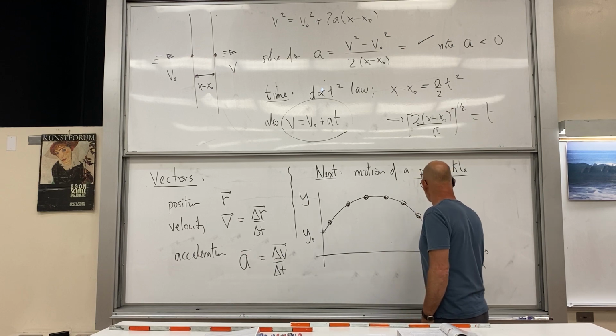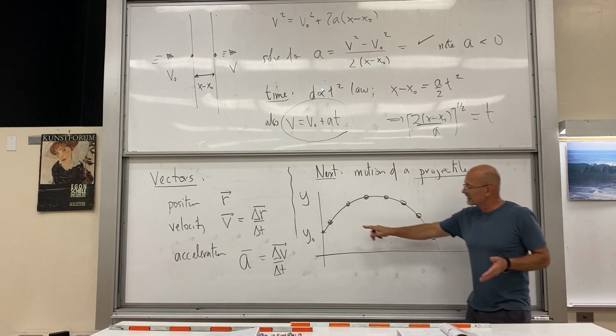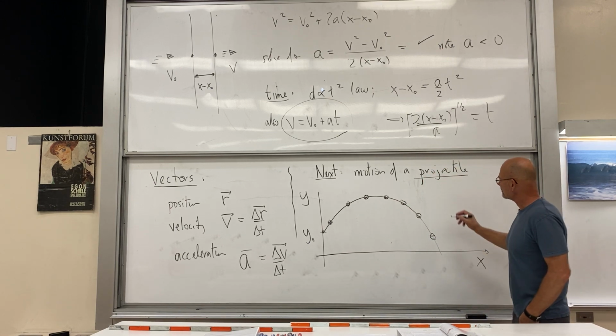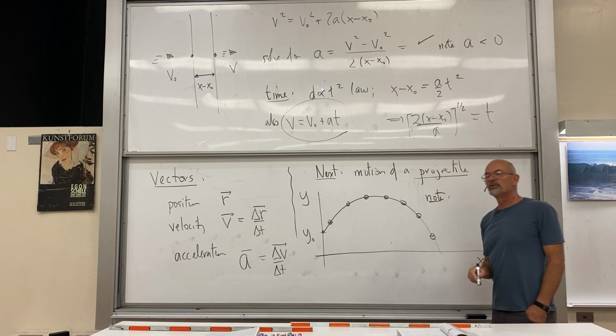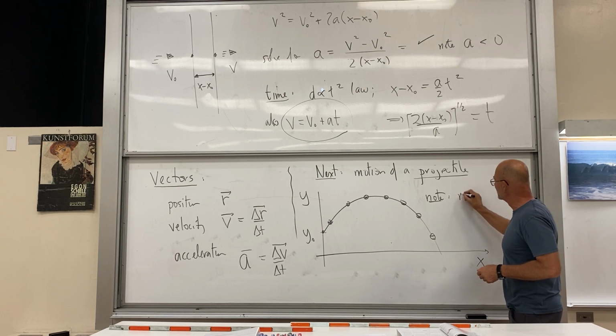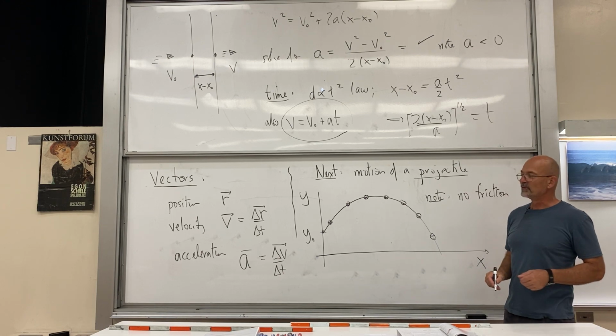So every unit of time, you can see this ball traveling through the air and then it lands there. First things first, no friction. The discussion we're having here is just like free fall. There's no friction, no wind resistance, or negligible wind resistance.